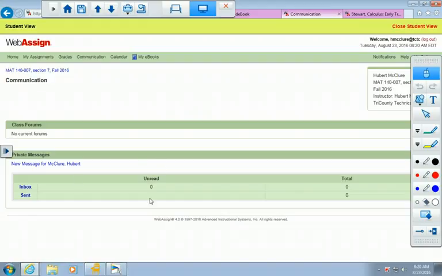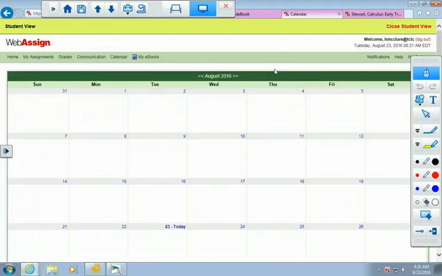I wish they would improve this to where it would send it to my email, but it doesn't. It just keeps it in WebAssign. So to see if you've communicated with me, I have to go into WebAssign to see if you communicated with me. So that's why it's a little bit behind. Calendar, there's that, and it'll put the dates. It'll put like when homework's due, when tests are due, and things like that on the calendar.